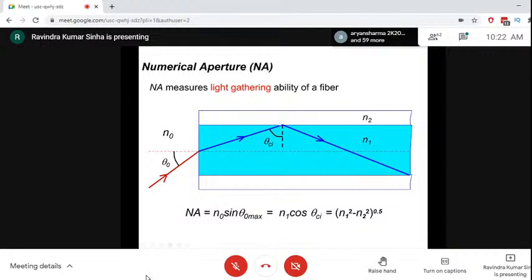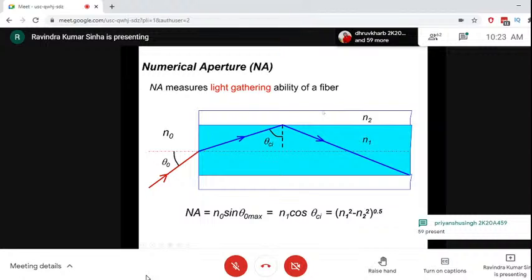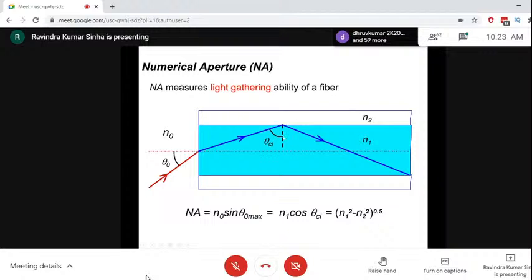When this angle is 90 degrees, then the corresponding angle will be the critical angle. So I can write n1 sine theta c is equal to n2 sine 90 degrees, and sine 90 degrees is 1. Therefore sine theta c will be n2 by n1. Am I correct? Yes, sir.